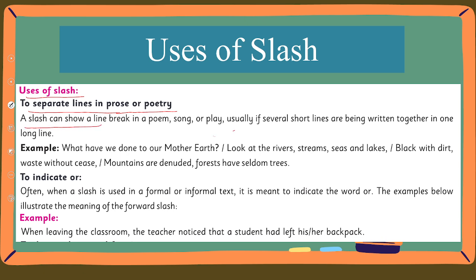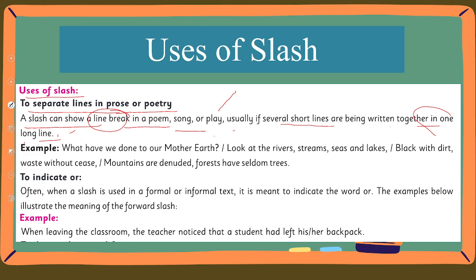Now a slash can show a line break, that this is where the line ends and a new line begins. It can be shown in a poem, a song, or even a play. Usually, if several short lines are being written together in one long line, in order to separate those short lines, we use the forward slash.